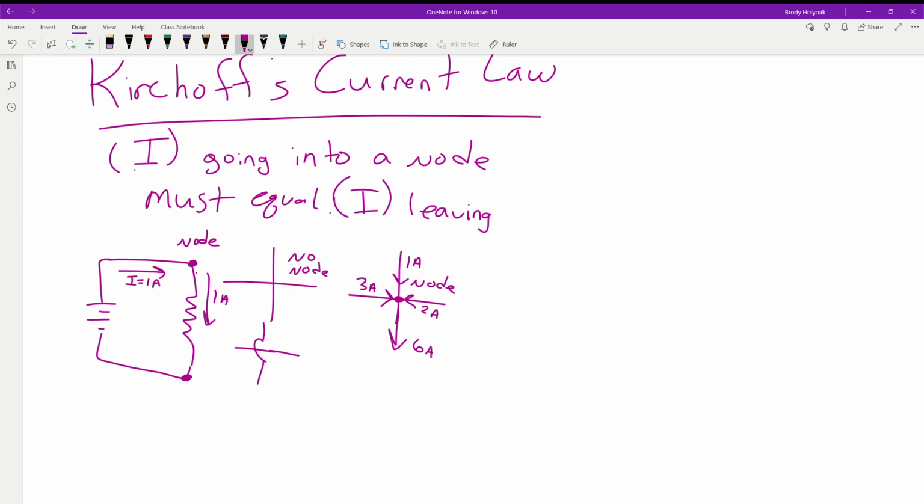Basically the currents have to equal 0. Your inputs have to equal your outputs. That also goes along with the conservation of energy. We cannot create energy. We cannot create matter. What's there is there. We can't lose it. Just because we may lose it in our measurements doesn't mean it's really gone. We've missed it somewhere.